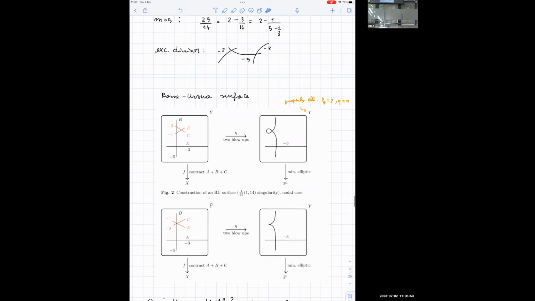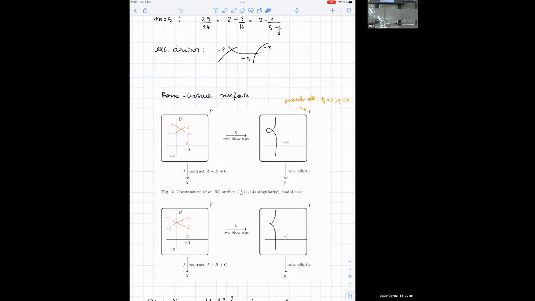And so how do you find something like this, let's say in nature? So you start with a properly elliptic surface with p_g equals 2, q equals 0, and with a -3 section. This will be a section with self-intersection -3. And then you look at the singular fiber. In this picture, I have another cubic. So you blow up here, and you create a -1 curve.